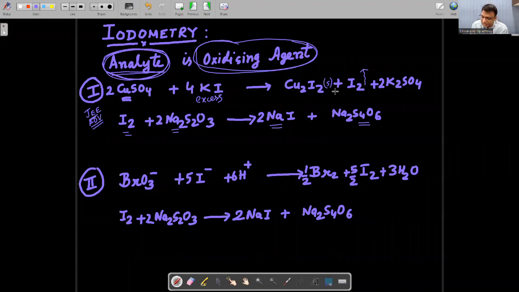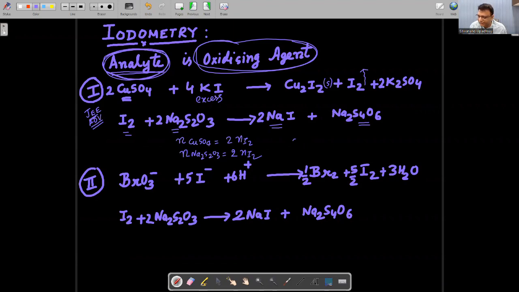Once we have balanced the reaction, from the first reaction we can say that the number of moles of copper sulfate is equal to 2 times the number of moles of iodine, because 1 mole of iodine comes from 2 moles of copper sulfate. In the second reaction, the number of moles of Na2S2O3, or hypo solution, is 2 times the number of moles of iodine.